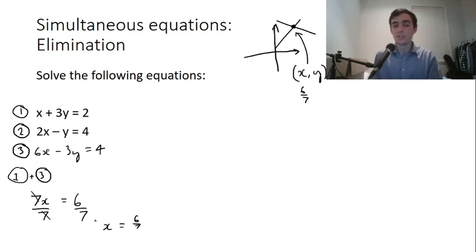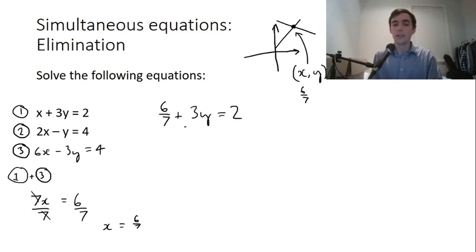You have to substitute this back into the equation. It doesn't matter which equation we choose. Let's choose equation 1 because it looks a bit simpler. So we'll write out equation 1, but where x is at the start, we write 6 over 7 instead: 6 over 7 plus 3y equals 2.